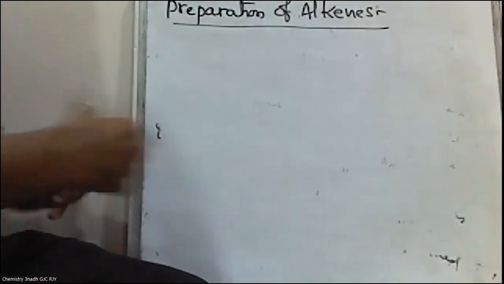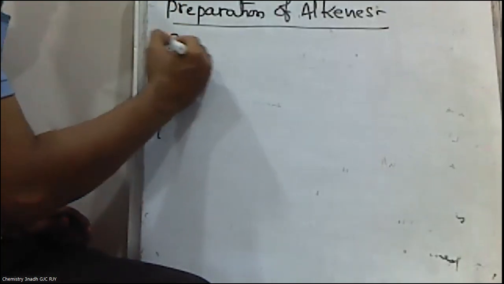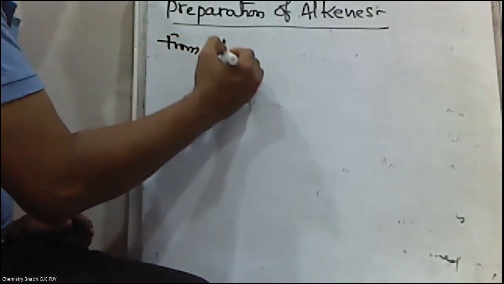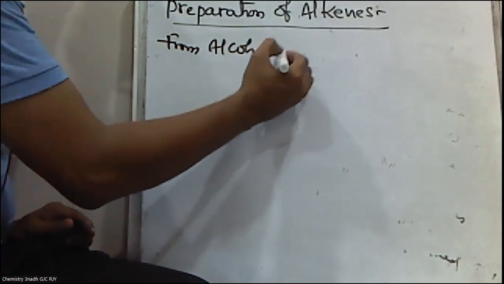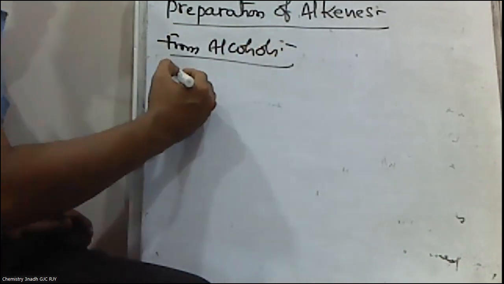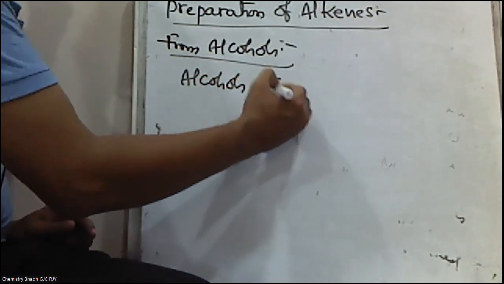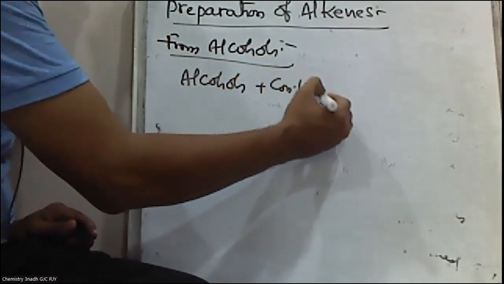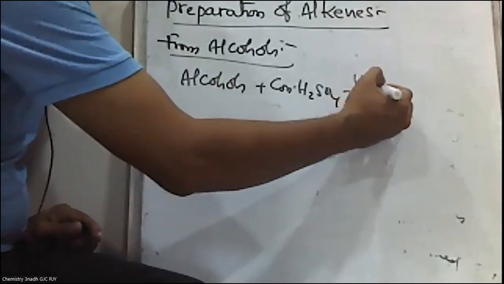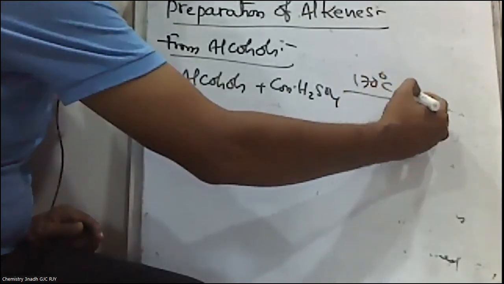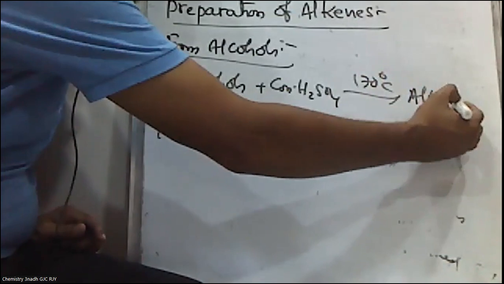Then the second method is from alcohols. When alcohols are treated with concentrated H2SO4 at 170 degrees centigrade, you will get alkenes.